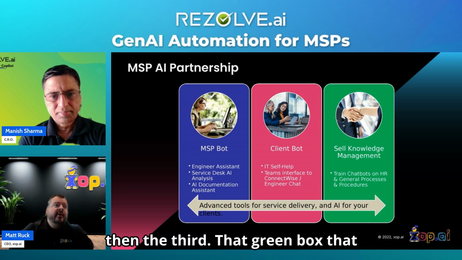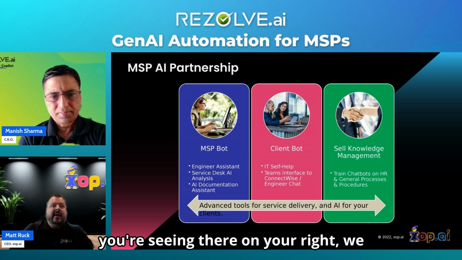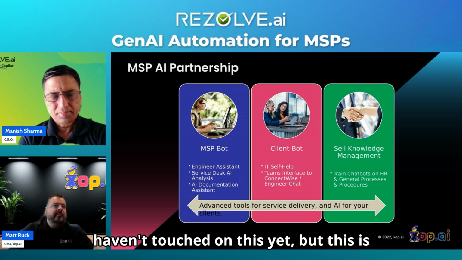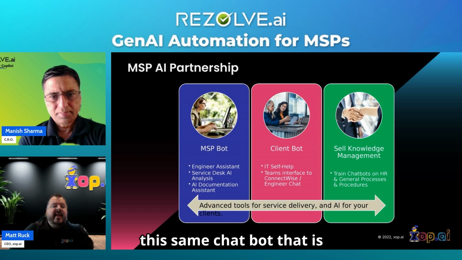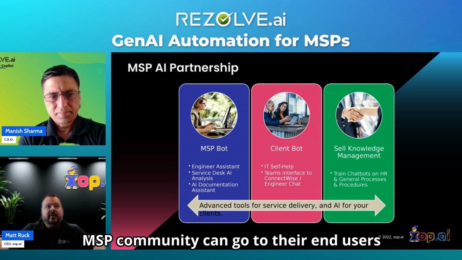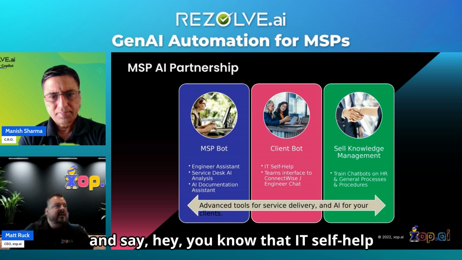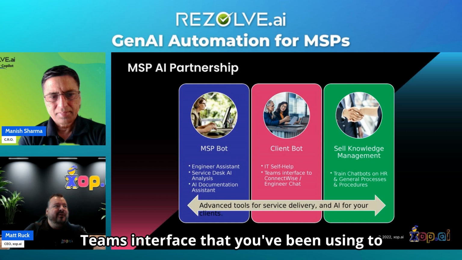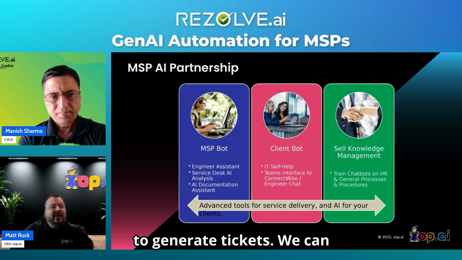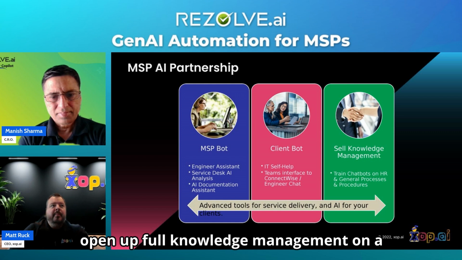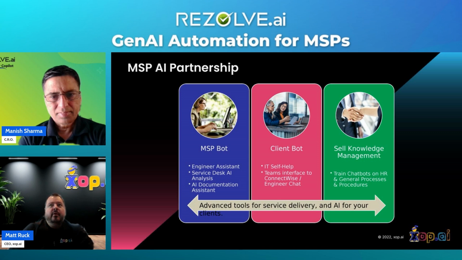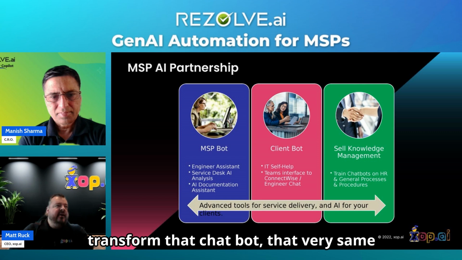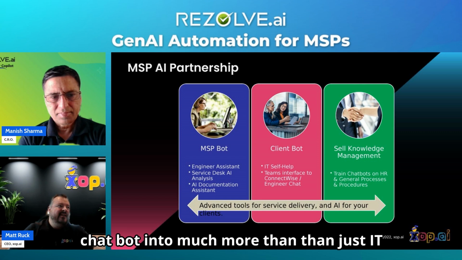Then the third, that green box that you're seeing there on your right, we haven't touched on this yet, but this is potentially the most exciting, because this same chatbot that is doing IT self-help, the MSP can go to their end users and say, hey, you know that IT self-help chatbot that you've been using, that Teams interface that you've been using to generate tickets? We can open up full knowledge management on a client-by-client basis and transform that very same chatbot into much more than just IT self-help.